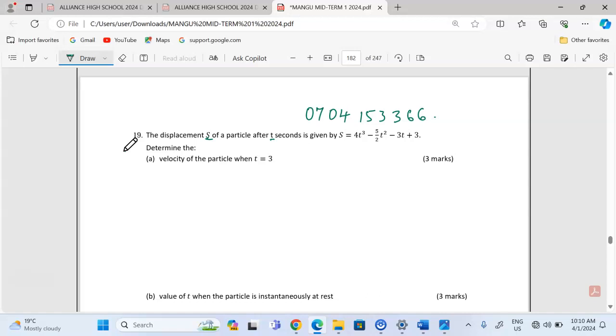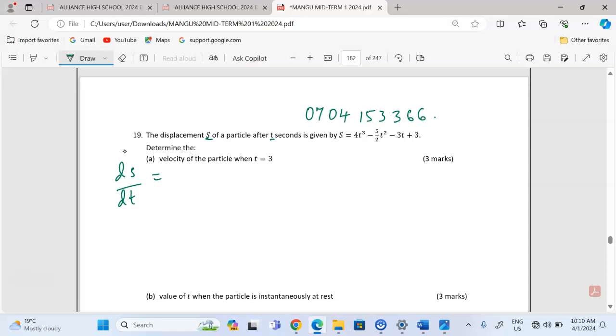Therefore, differentiating a displacement-time function will give us a velocity function, which is the gradient function. So we're going to get the differential of s with respect to time.